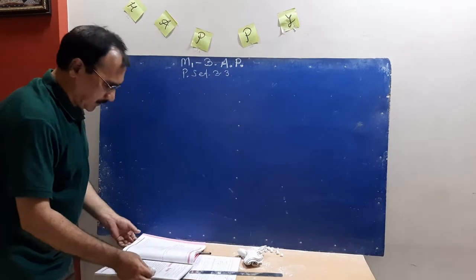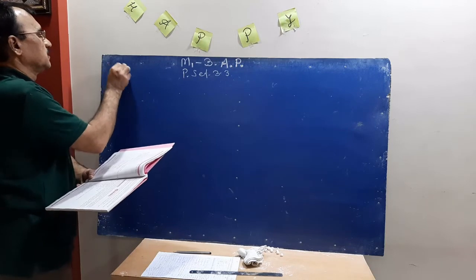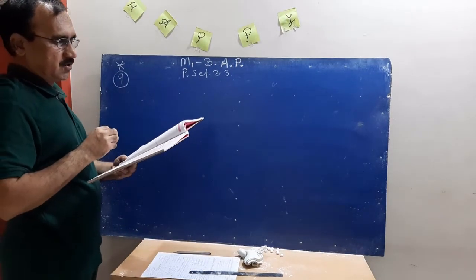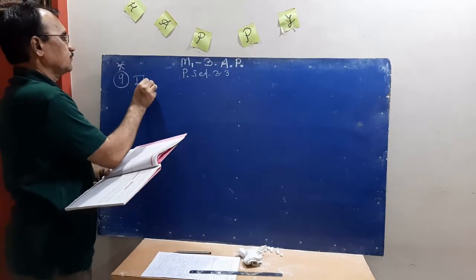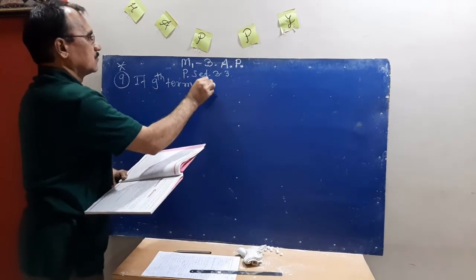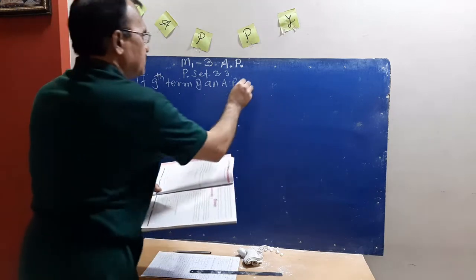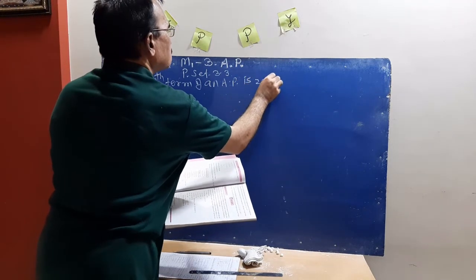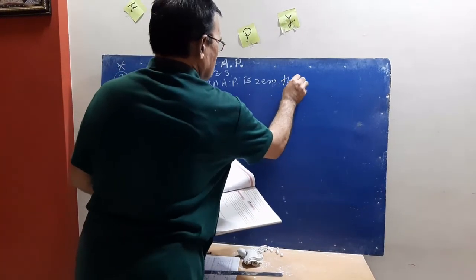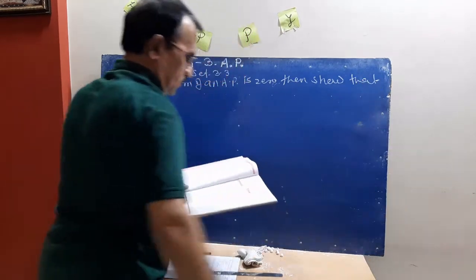Then one more example. 9. This is also a star. If the 9th term of an AP is 0, then show that, what we have to show?